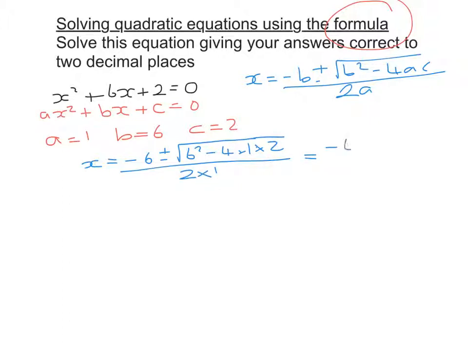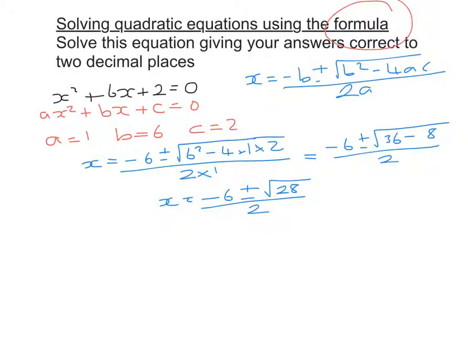That becomes minus 6 plus or minus, so eventually we're going to add this square root or subtract it, 36 minus 8, all divided by 2. Tidying up a little more, x is equal to minus 6 plus or minus the square root of 28, all divided by 2.